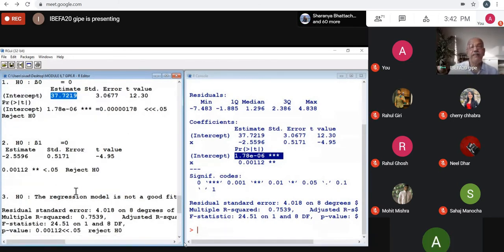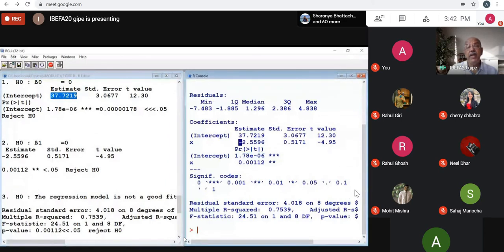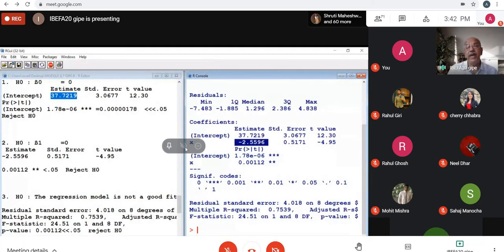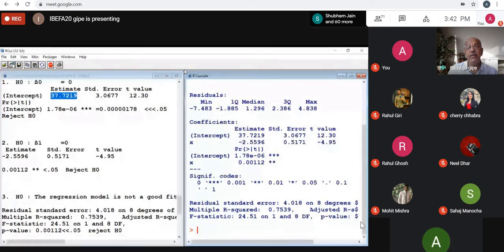Similarly, beta 1. Beta 1 is minus 2.5596, standard error is 0.5171, T value minus 4.95, but the P value is so small. What is the conclusion? Again reject H naught.